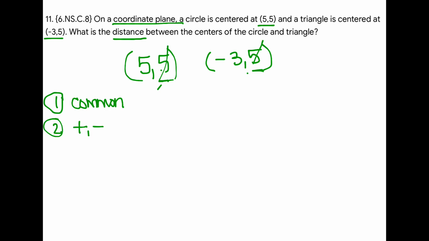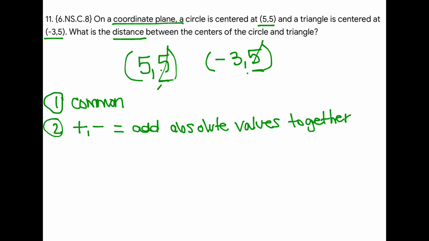So when you have a positive and a negative value, you are going to add the absolute values together to get the distance.